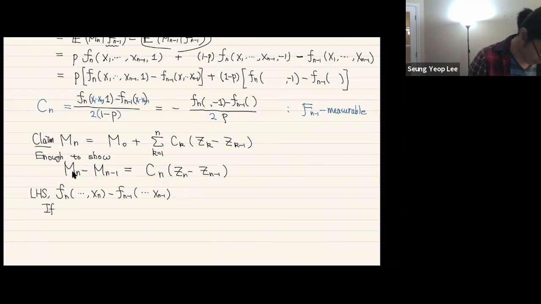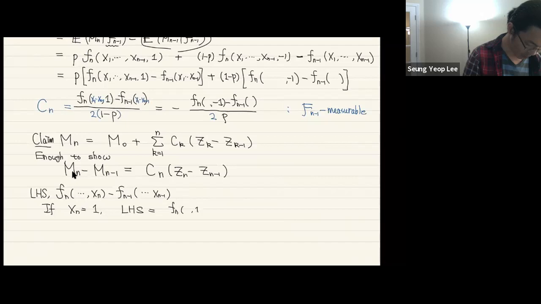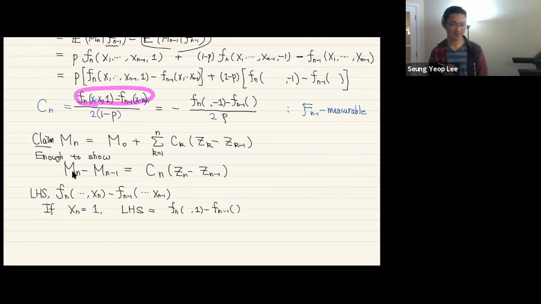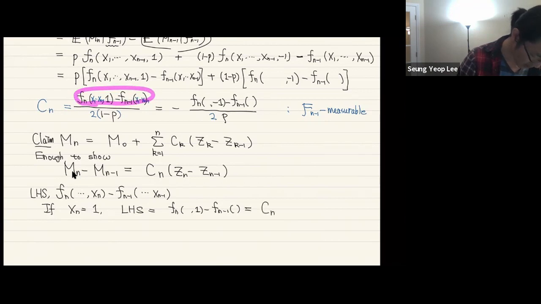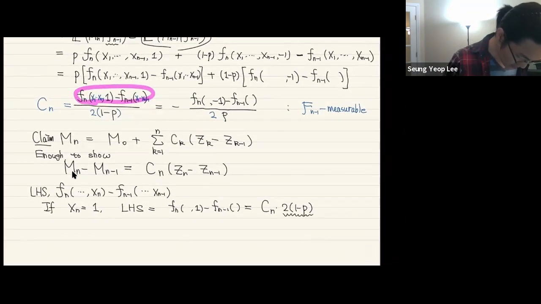If xn equals 1, then the left hand side becomes Fn with 1 at the end minus Fn minus 1, which is exactly the numerator here. So I can rewrite this one as Cn times 2 times 1 minus p, right?